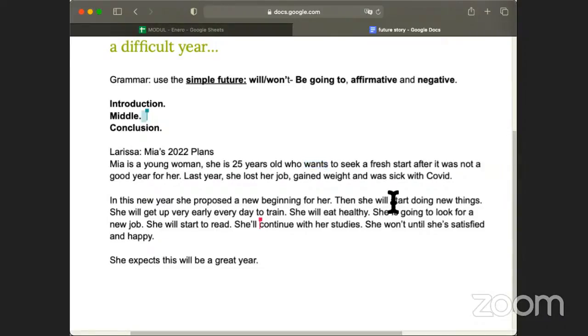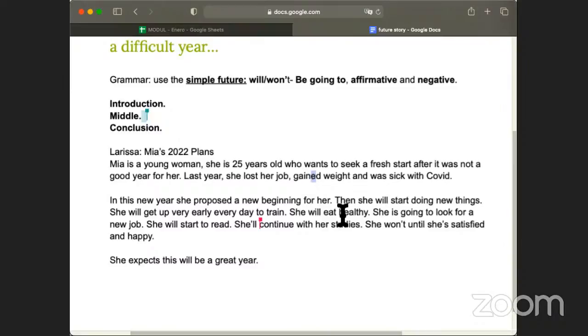Last year, she lost her job, gained weight, and was sick with COVID. In this new year, she proposed a new beginning for her.